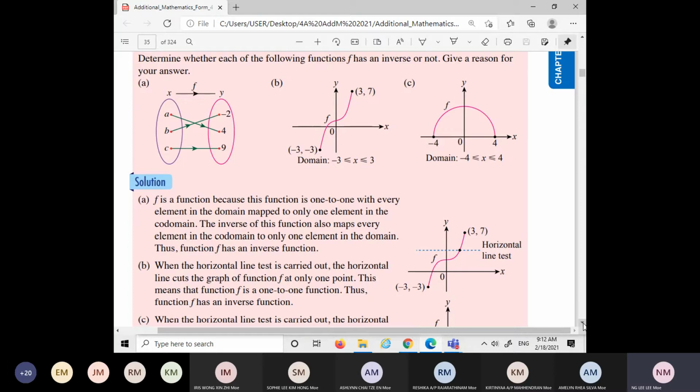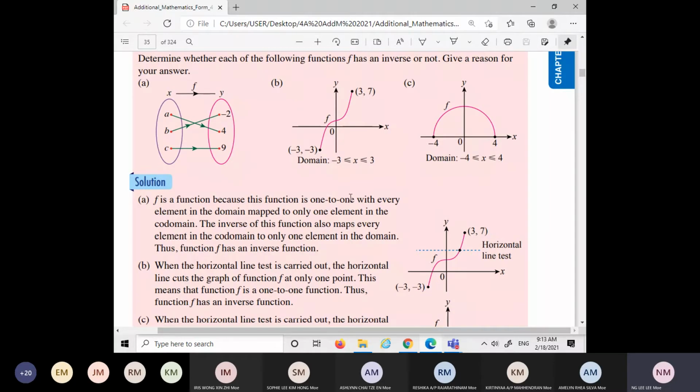You know that if the function f has an inverse, the condition is that the function itself must be a one-to-one function, must be a one-to-one relation. So you check A, this is one-to-one, so f has an inverse because this function is one-to-one.